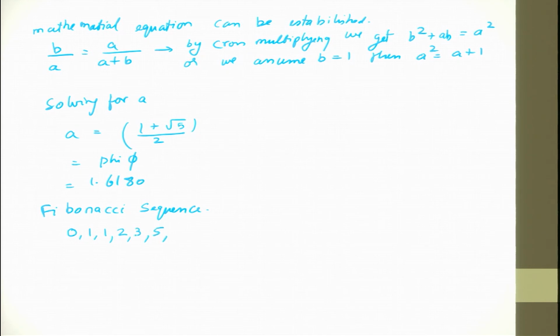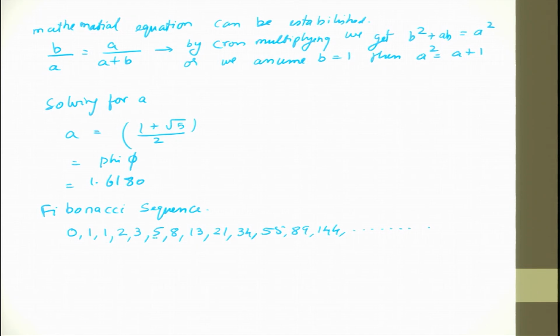If you take a ratio, you will always get that 1.6. Then 8, then 8 plus 5 is 13, then 13 plus 8 is 21, then 34, then 55, then 89, then 144, and it keeps going on and on.